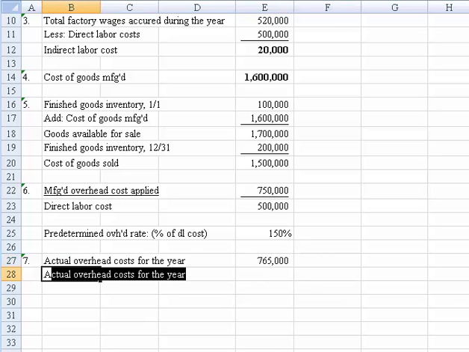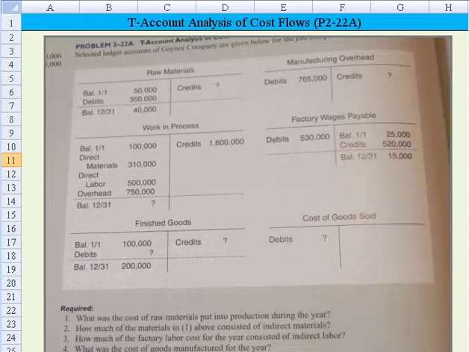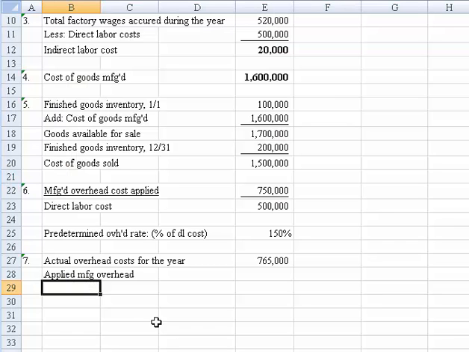And then we need to do the amount that was applied. The amount that was applied, we already calculated in number 6 above, which also was that 750,000 to the left of the mouse, right? So the debit to work in process is what was applied. Let me just reference that cell so I don't have to type it.